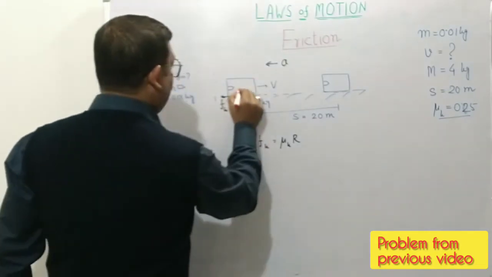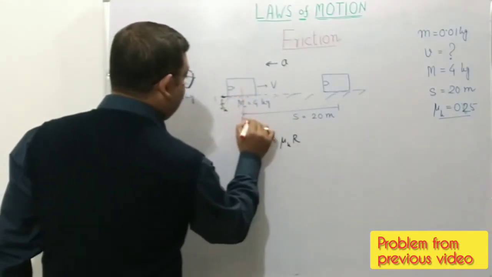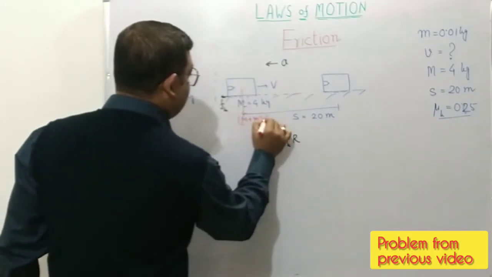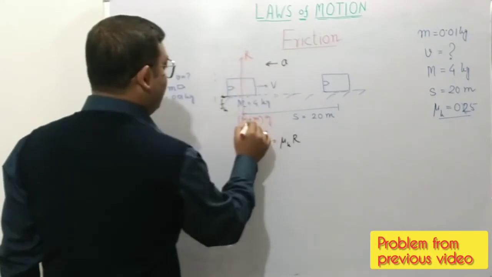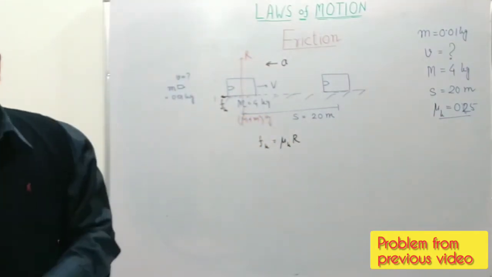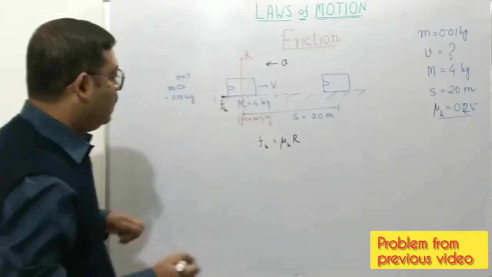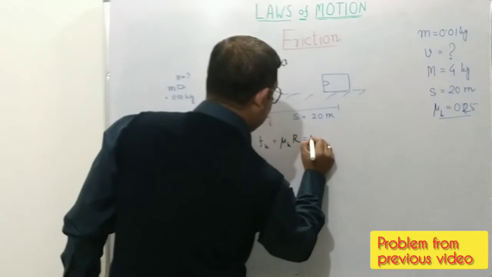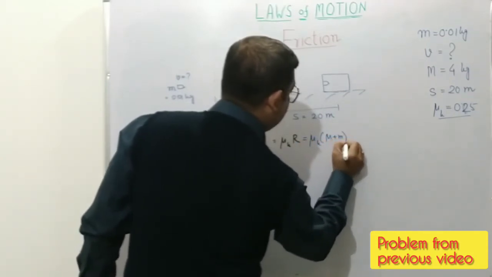If we consider the block and the bullet system, the weight will be M plus small m into g, which will be balanced by the normal reaction. So R will be equal to M plus small m into g. Equals mu k into M plus small m into g.